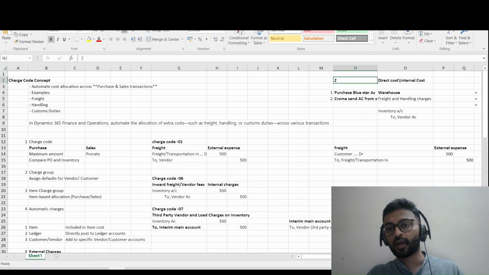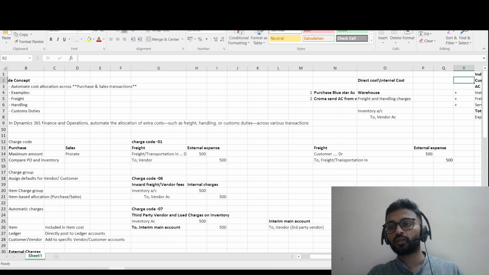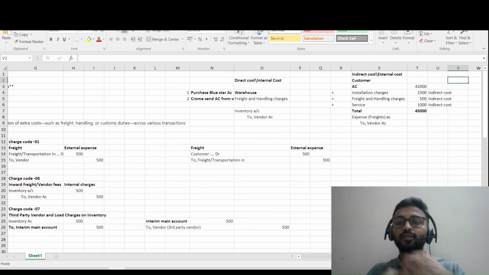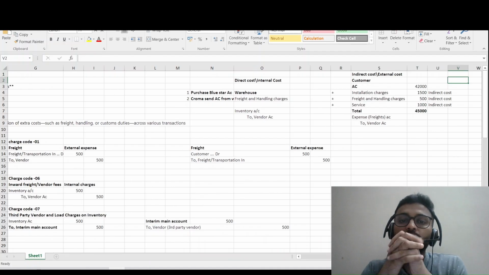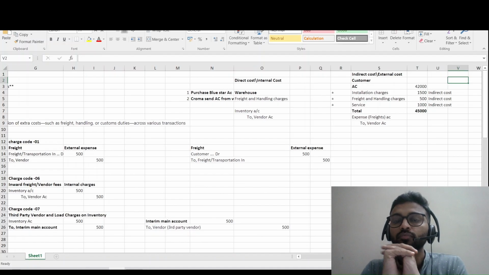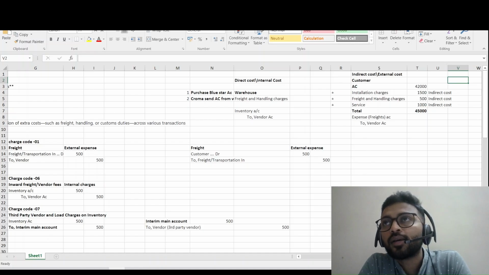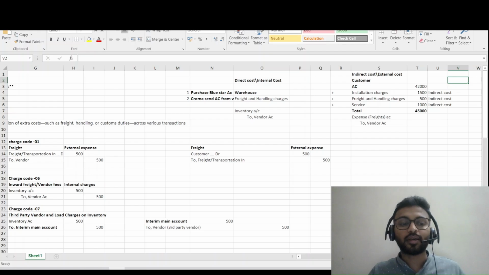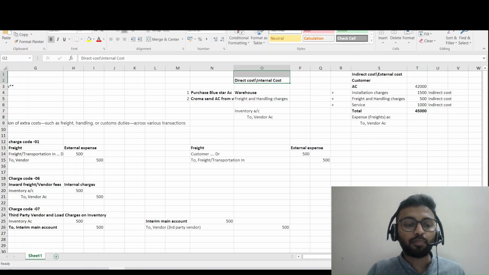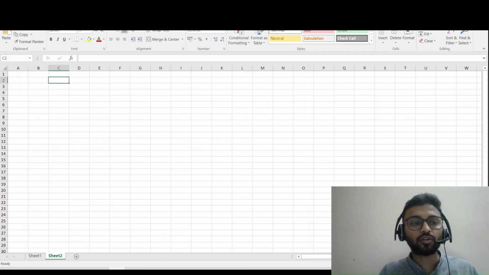Now, to understand the charges, we'll discuss one example. How will we bifurcate whether a charge is an internal charge or an external charge? To know this, we'll understand, in simple words, what the entry of the charges in the system is.